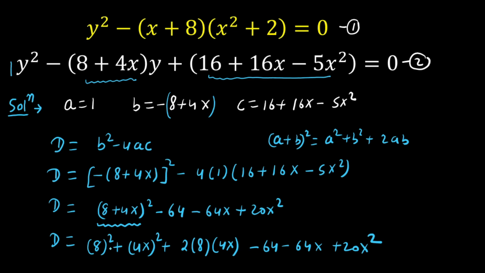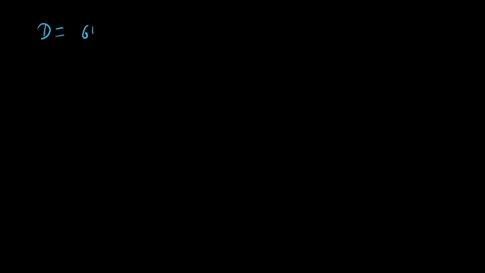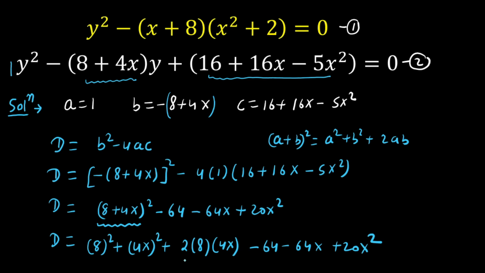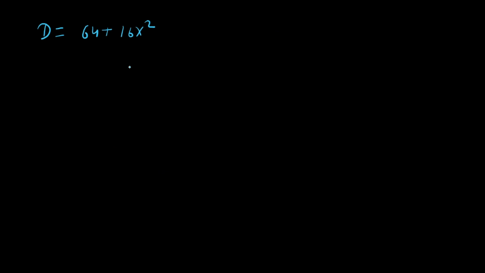Then D is equal to 8 square, which is 64, plus (4x) square, which is 16x square. Then 2 times 8 is 16, and 16 times 4 is 64 times x.